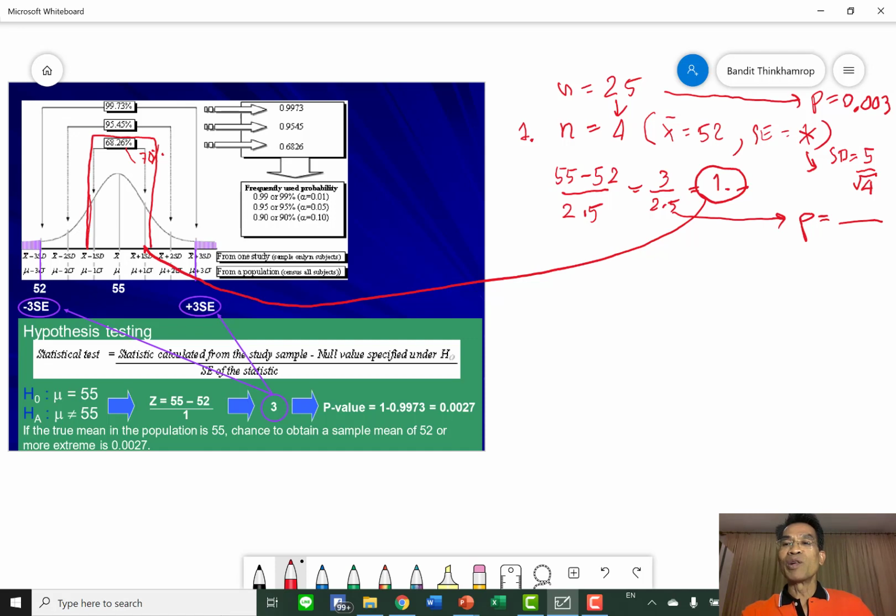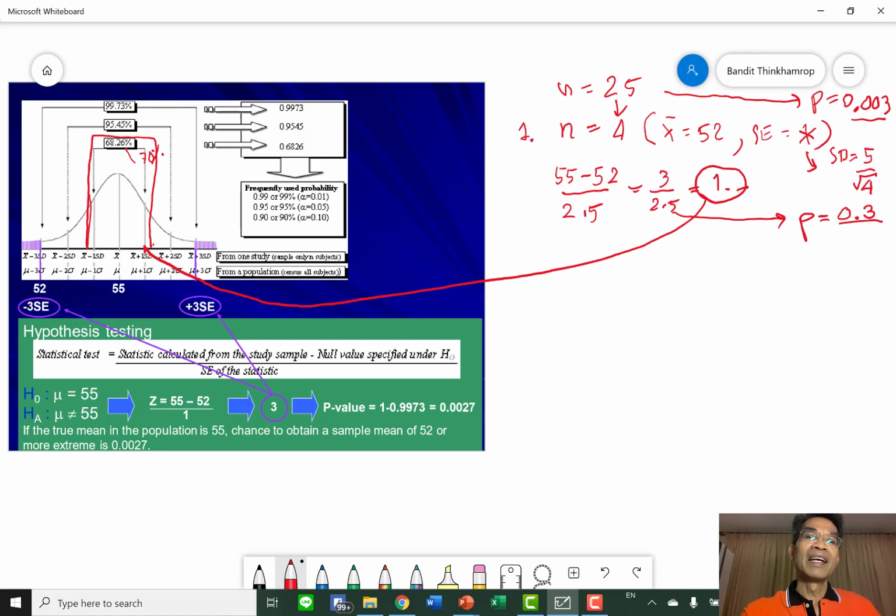Therefore, the p-value, rather than 0.003 here, increased to 0.3 something, right? Because 1 in this corresponds to about 68%. 1 point something, I just make it up to be larger than that, to make it easy: 70%.